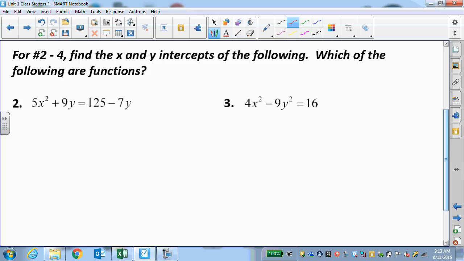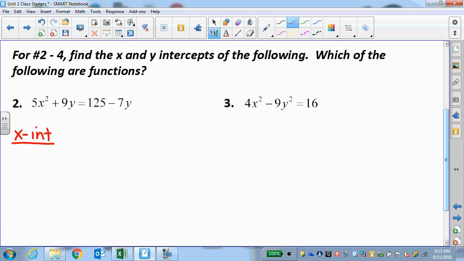When I want to find the x-intercept, that means the graph is crossing the x-axis. If we're sitting on the x-axis, our y-coordinate must be 0 because we haven't gone up or down. So if I want to find the x-intercept, I plug in 0 for y.